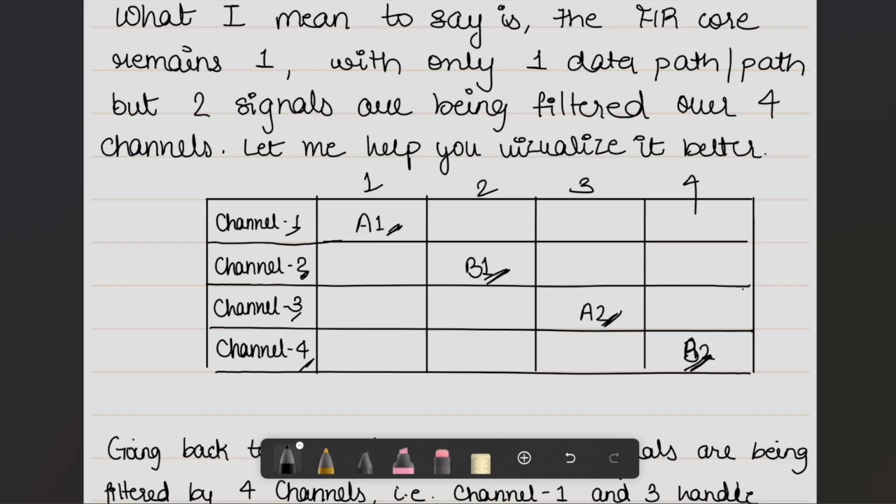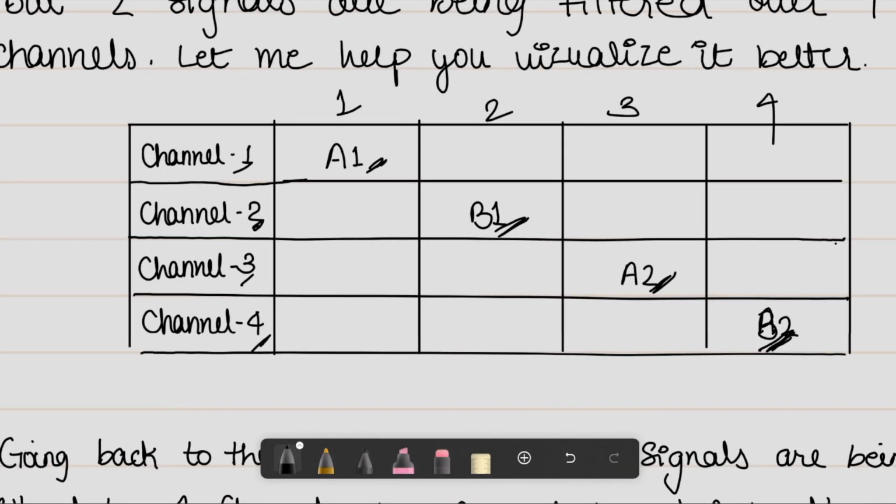On the second clock cycle, the FIR core will behave like channel 2 and filter input B1. Instead of introducing a third signal, on the third clock cycle, my channel 3 will now take input from the first signal's second sample and filter that, or A2 will be filtered. On the fourth clock cycle, B2 will be filtered.